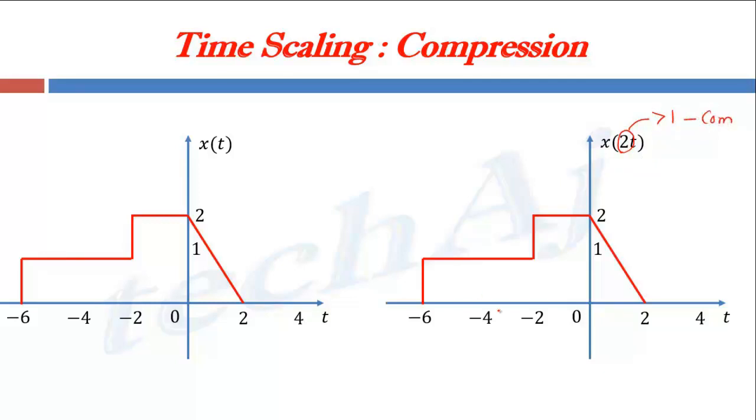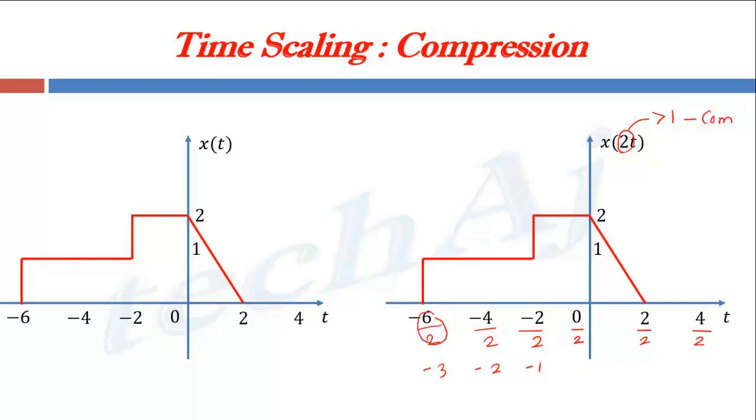Now, what happens in scaling? Whatever time parameter will get divided by the scaling factor. That means 6 will be divided by 2, 4 will be divided by 2, minus 2 will be divided by 2, 0 will be divided by 2, and so on. So we'll get the resulting values as minus 3, minus 2, minus 1, and so on.